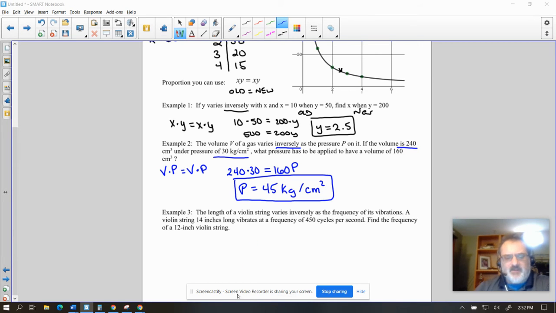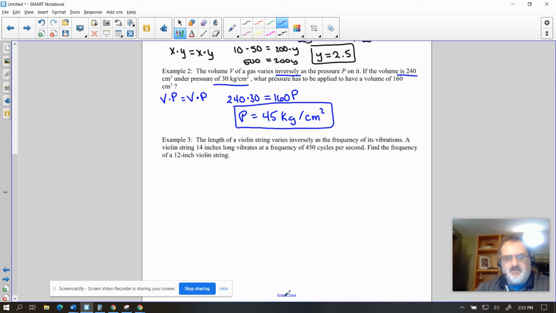The length of a violin string varies inversely as the frequency. So basically, the shorter the string, the higher the frequency, and the longer the string, the lower the frequency. So let's go ahead and set up our proportion.